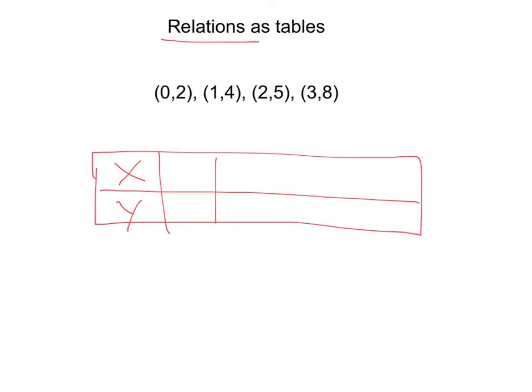So for the first set, we have 0 for x and 2 for y. For our second set, we have 1 and 4. Then we have 2 and 5. And then the last one is 3 and 8.